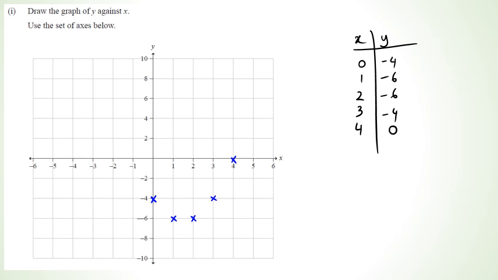So please don't draw a curve, because if you draw a curve, you're only going to get an achieved. But leave it like this, and you will be looking at a merit. So always think about this before you start drawing a graph: check the context of the question. It's really important. In this case, leave it as it is, and you get a merit. If you join it, you're looking at an achieved.